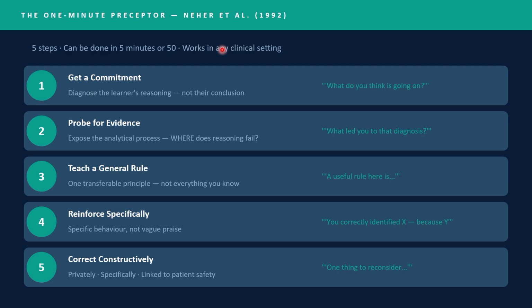The fourth step is to reinforce specifically. Focus on specific behavior, not vague praise. Focus on using constructive feedback here, such as, you correctly identified this because of Y. You have identified X because of Y. And the fifth and final step is to correct constructively and apply the principles of feedback here: privately, specifically, and always link to patient safety.